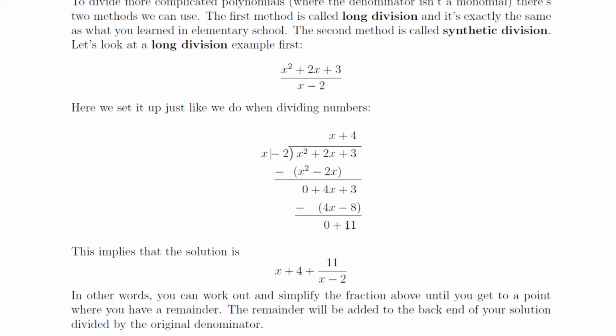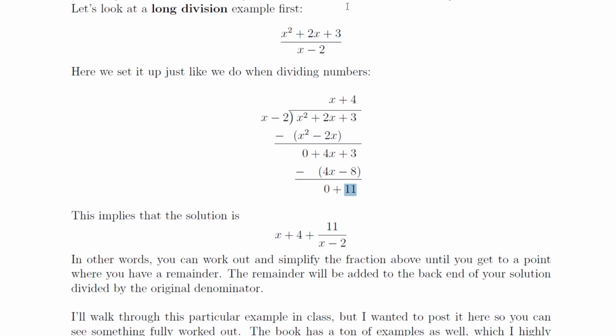When you get down to the bottom and you get a remainder, what happens is that remainder as a solution is going to be divided by what you initially started with. So if I were to simplify this whole thing up here, this very top thing, by working out this whole division, I'm left with x plus 4, which is the solution that I got, so it's right there.